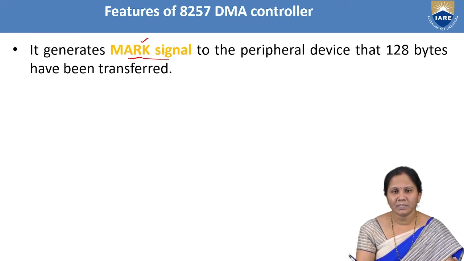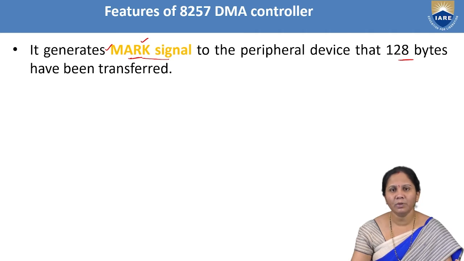When 128 bytes of data have been transferred, the mark signal is automatically enabled. So it is very easy to identify that 128 bytes of information have been transferred, by seeing that the mark signal has been enabled.